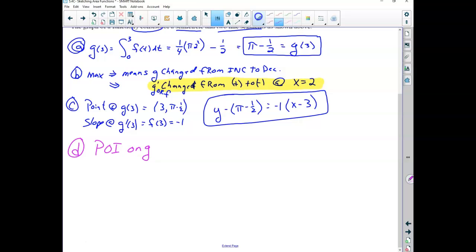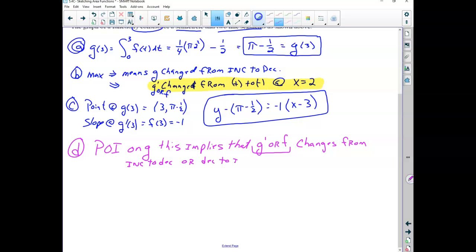That implies that G prime, or f, changes from increasing to decreasing or decreasing to increasing.